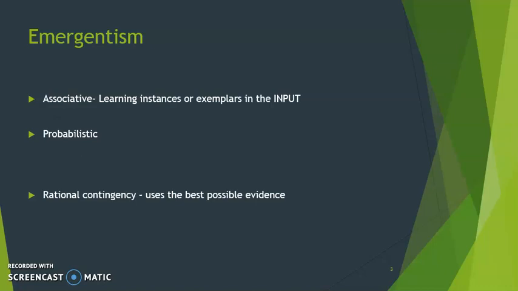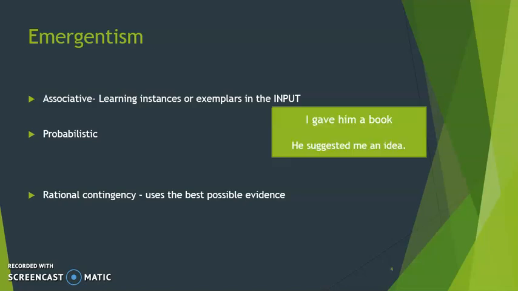So there are three important tenets of emergentism: associative learning, probabilistic learning, and rational contingency learning. Let's look at each individually. The first one, associative, meaning that the learning instances or exemplars are in the input.